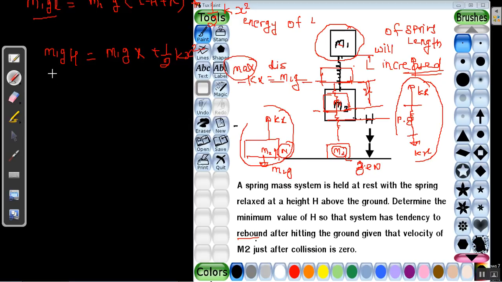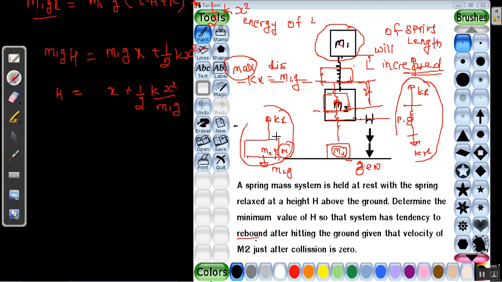So what will be the h? H will be basically x plus half k x square divided by m1 g.